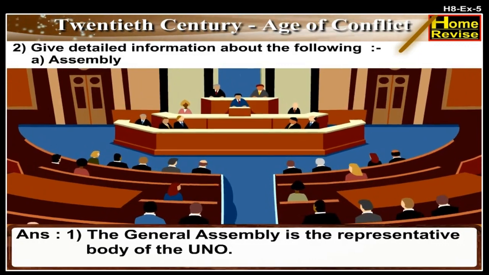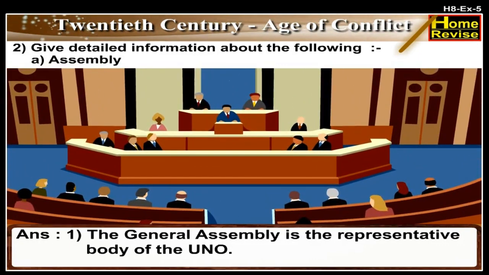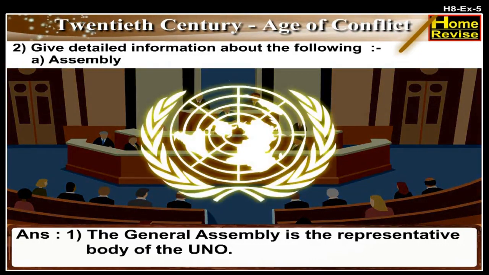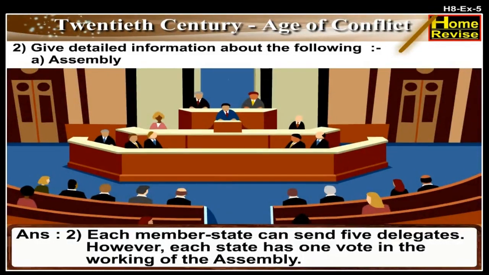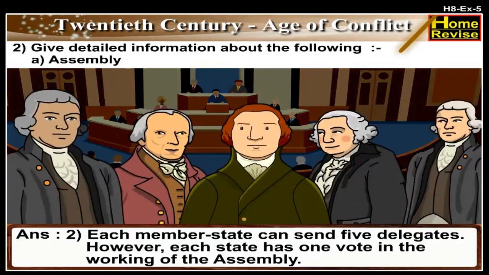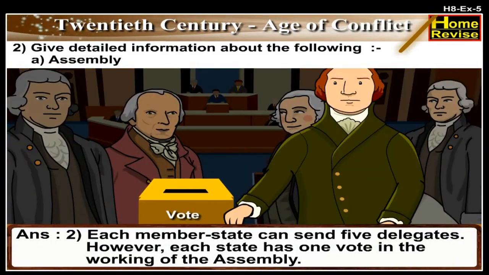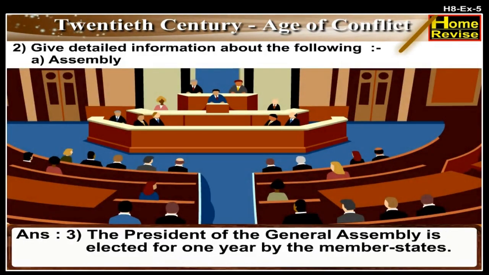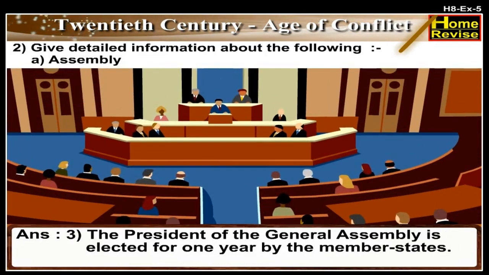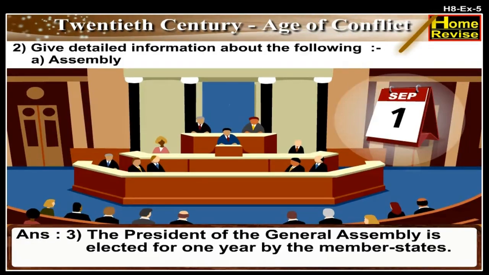The General Assembly is the representative body of the UNO. 2. Each member state can send 5 delegates. However, each state has 1 vote in the working of the Assembly. 3. The President of the General Assembly is elected for 1 year by the member states.